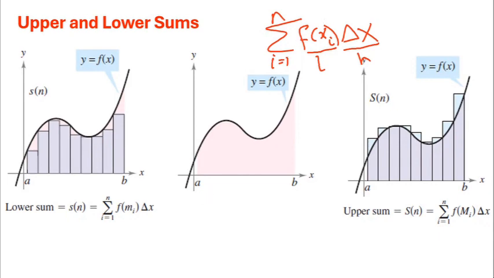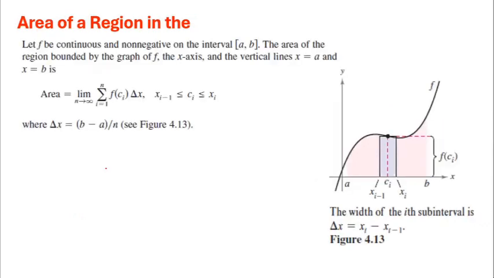Now, this is where we start to get from approximation to actual results. So, limits. If I can take the limit as this number of rectangles goes to infinity, then we actually have the exact area under the curve.